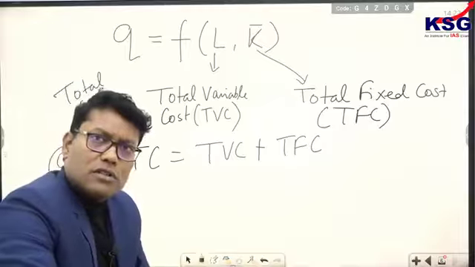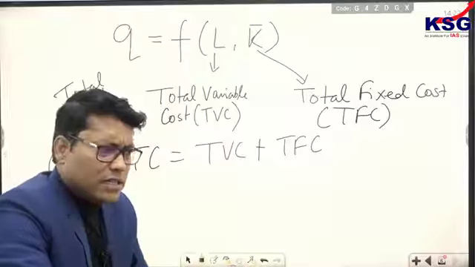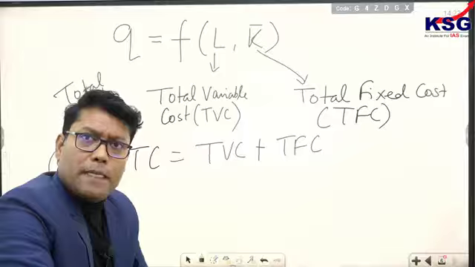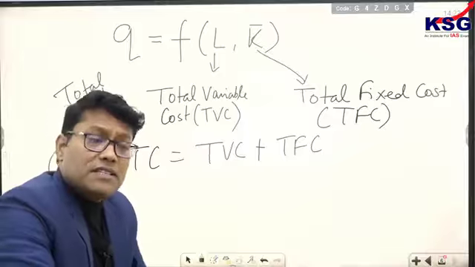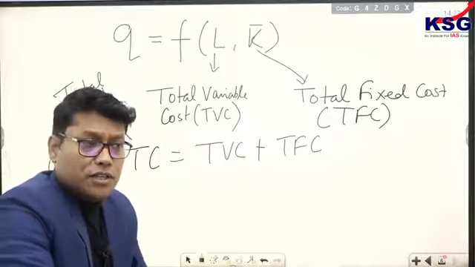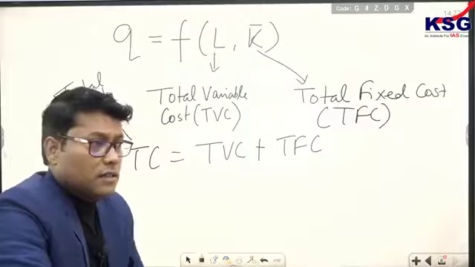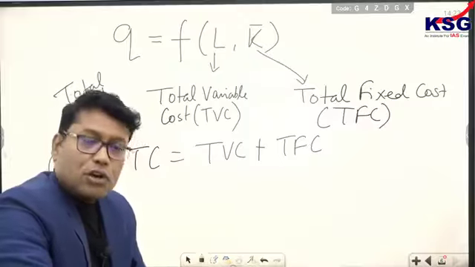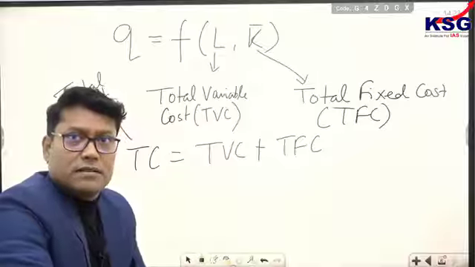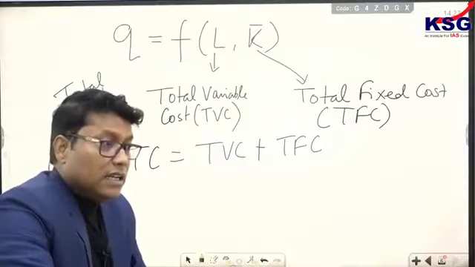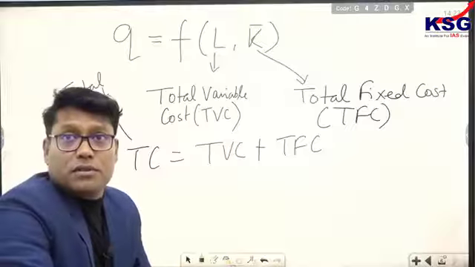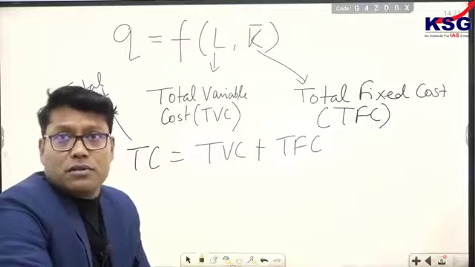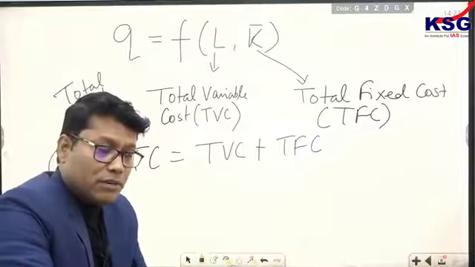Write: it is the cost which is incurred on fixed inputs, or fixed factors. Full stop. It does not depend on level of output.